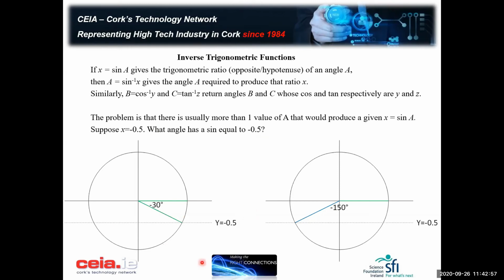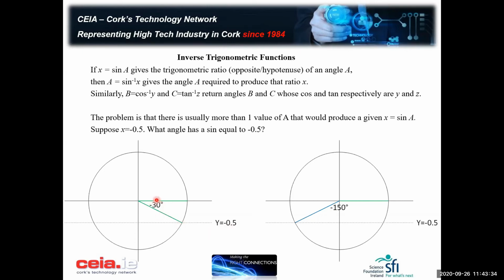You're looking at what angle intercepts the circle at a y value of minus 0.5. That's this dotted line I've drawn below the x-axis, where y is minus 0.5. One angle, which is minus 30 degrees in this case, would produce an intercept on that line. So you can say that the sine of minus 30 is minus 0.5.